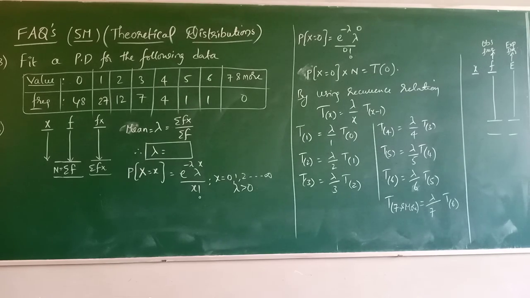First, we can calculate the mean lambda. Lambda is nothing but the parameter, and the mean and variance are also lambda only in Poisson distribution. X values are given, F values are given.